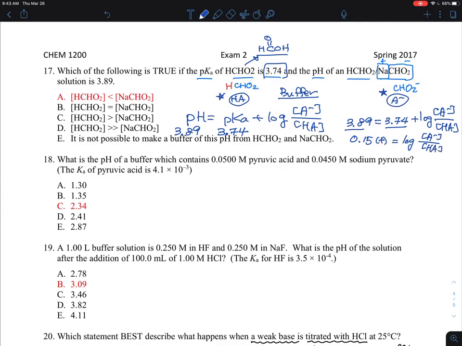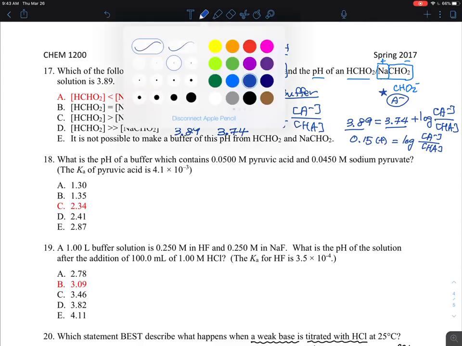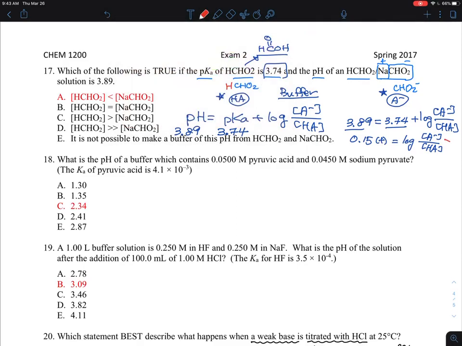So then what that means is, because this is a positive number, the A minus is larger than HA, right? In other words, A minus over HA has to be bigger than 1 to be positive. Remember the calculus days? This is a log x graph.